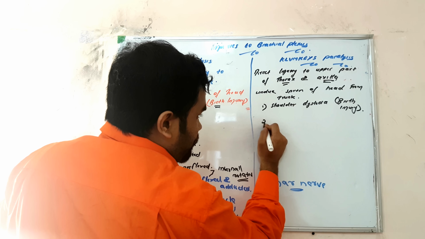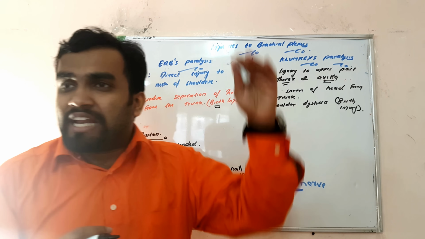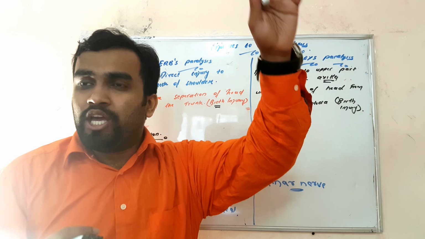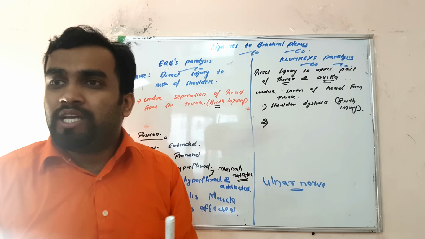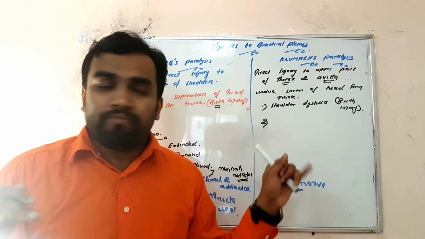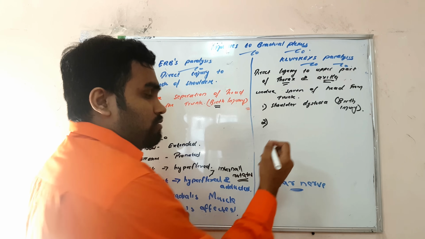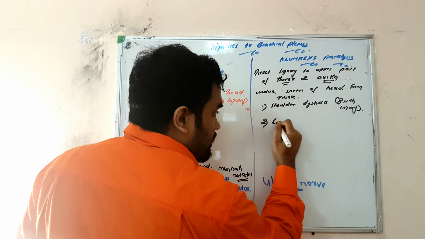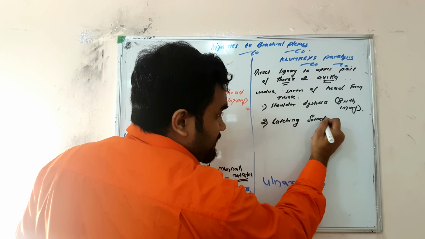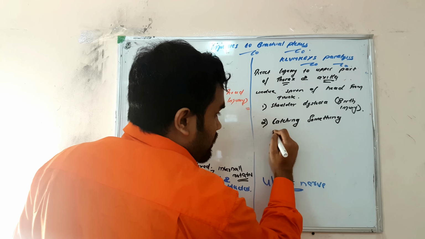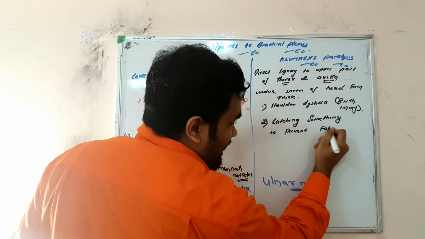Now imagine you are falling from some height. While falling, if you try to catch something, right? At that time Klumpke's paralysis can occur. So you can write: catching something to prevent a fall from a height.